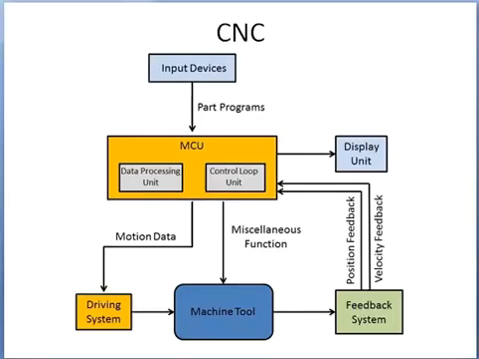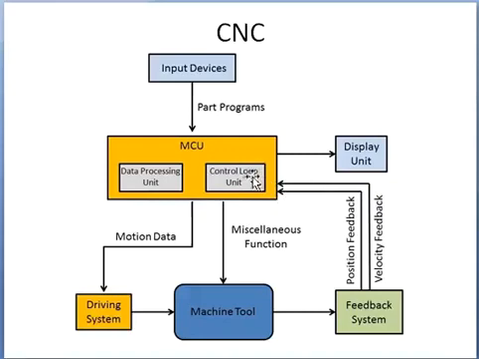It also oversees the movements of the control axis or spindle, and whenever this does not match with the programmed values, a corrective action is taken. So this corrective action is taken by the control loop itself.